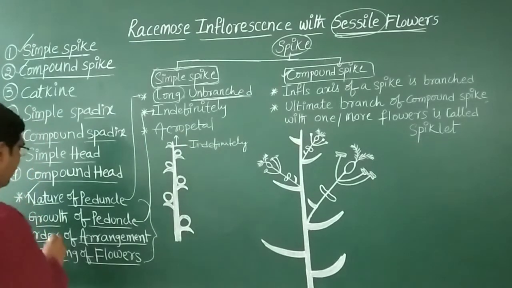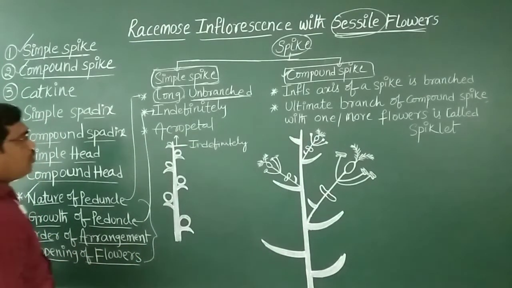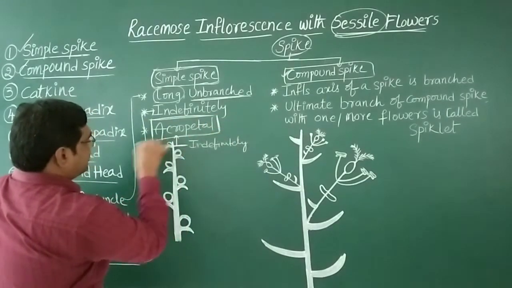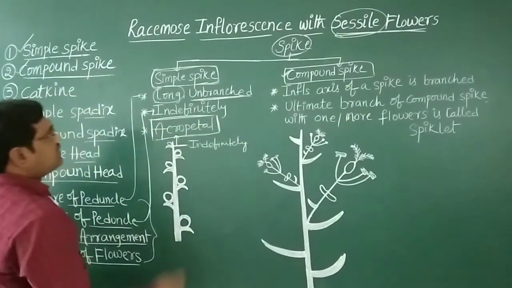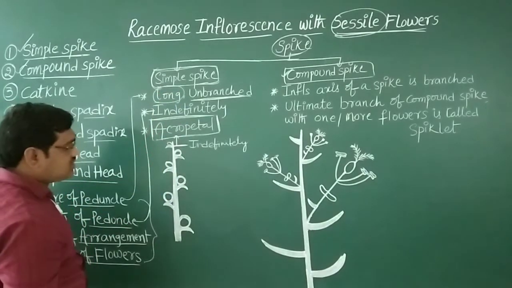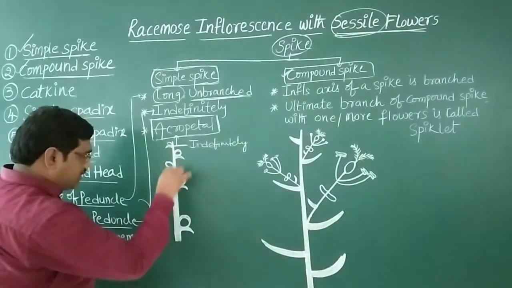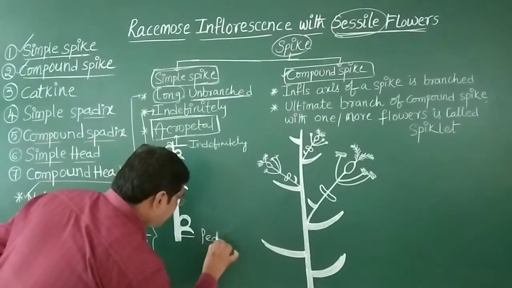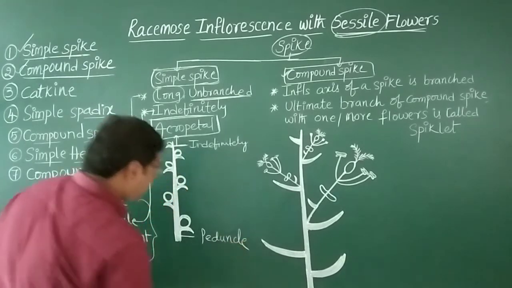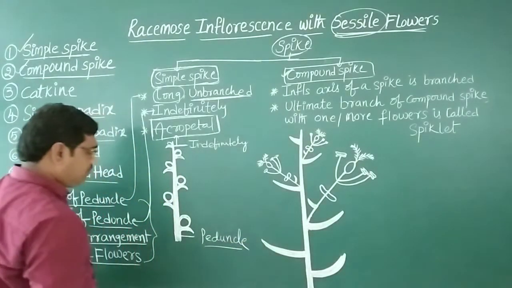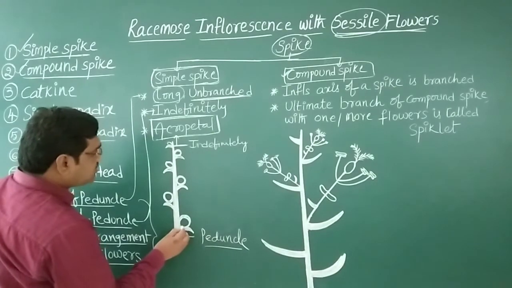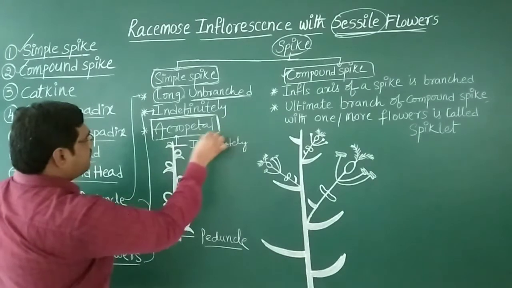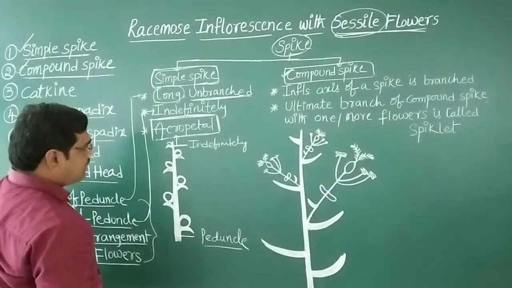Next, the order of arrangement and opening of flowers is called acropetal succession. See, in this simple spike, this is the peduncle. The peduncle is long and unbranched. The flowers are arranged on the peduncle in a systematic manner called acropetal succession.